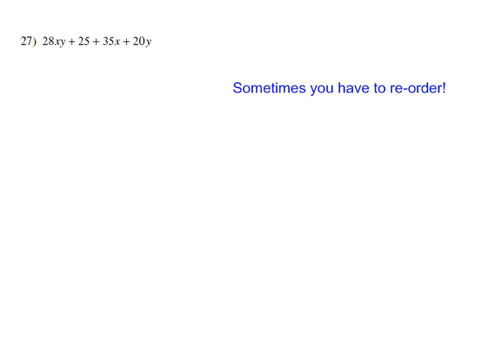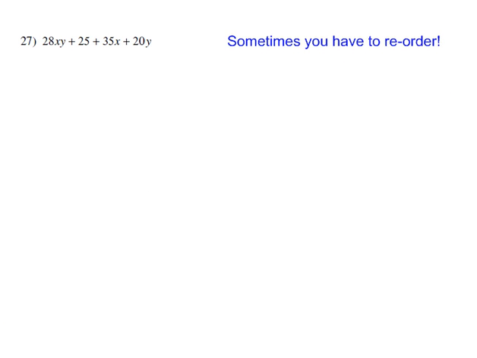All right, where it gets the trickiest is when you have to reorder things. Number 27 is a good example of that. This is the very last row of your worksheet on the back. If you go in looking for binomials, you have 28 and you have 25. Well, nothing goes into 28 and 25. You have x, y.